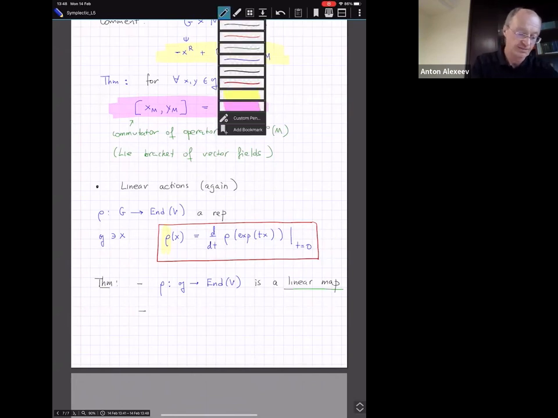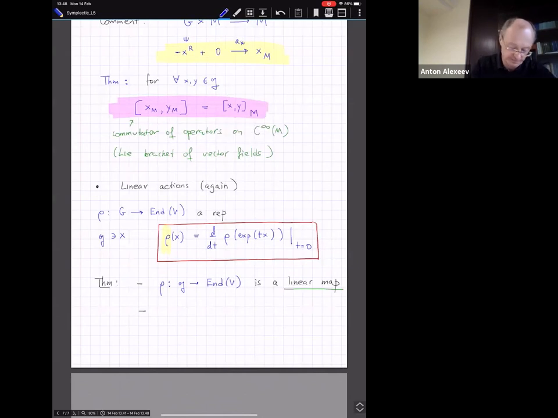And the second statement, similar to the theorem that we stated before, is that the commutator of rho of x, rho of y is the same as rho of the bracket of x and y.